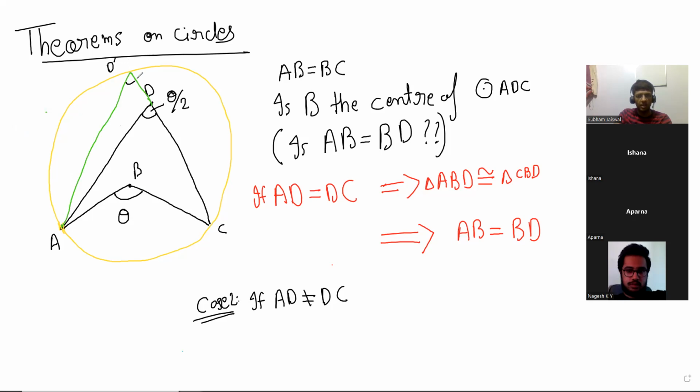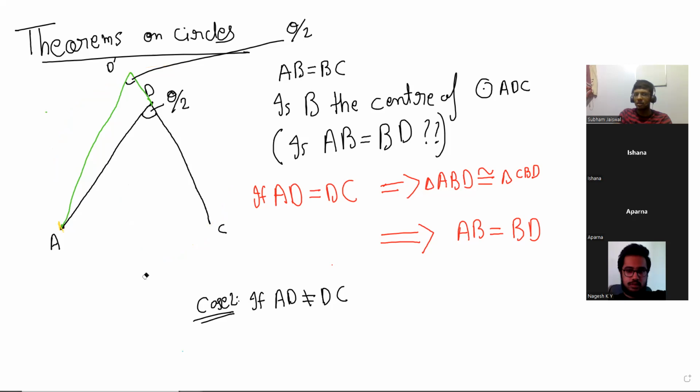This has to be theta by 2, which we already know because it's on the circle. Then can these two things both be theta by 2? No, right? That has nothing to do with the circle. It is not possible. From one point, for a given angle, you can draw a unique line.